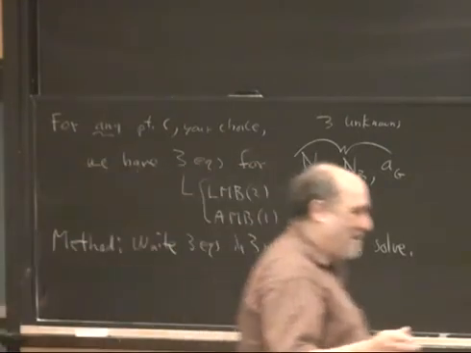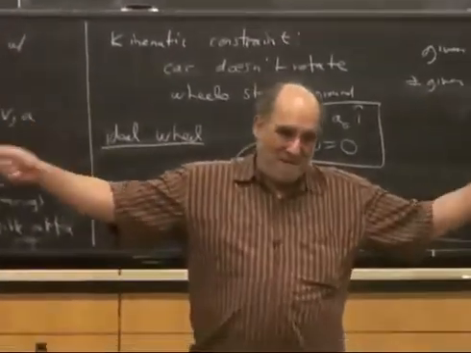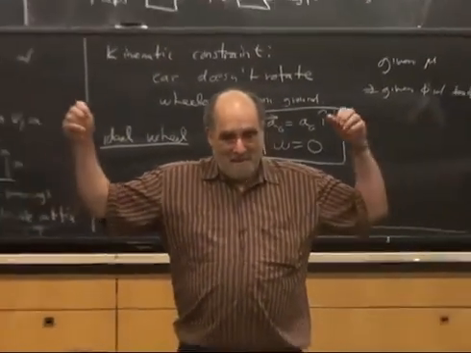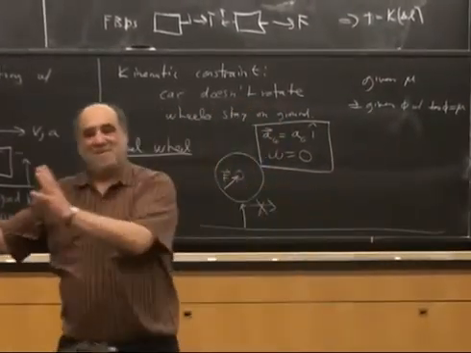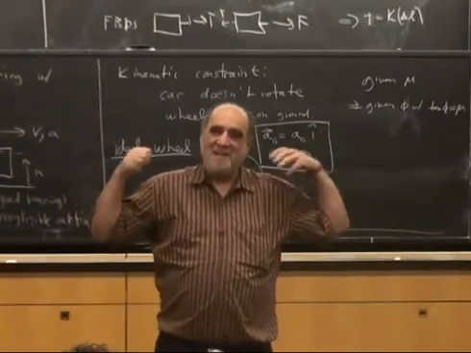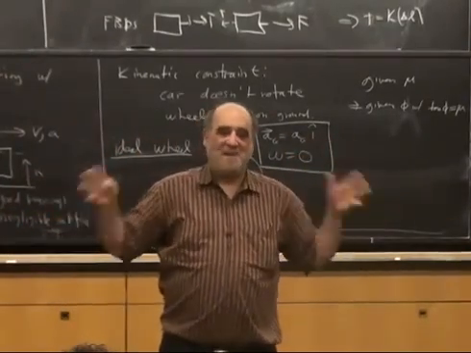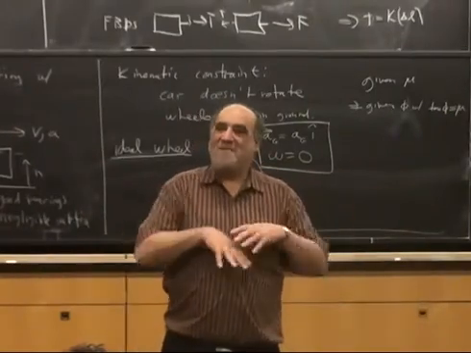Now remember these 2 guys with the string. If I wanted to figure out how much they accelerated, I could have written F equals ma for one, F equals ma for the other, the restriction that they both have the same acceleration, taken those 3 equations, solve them, and I'd get the tension, the acceleration of one, and the acceleration of the other. But I could finesse that.